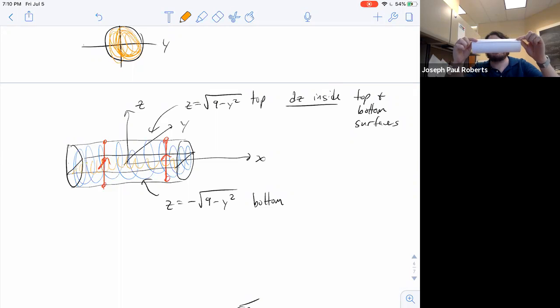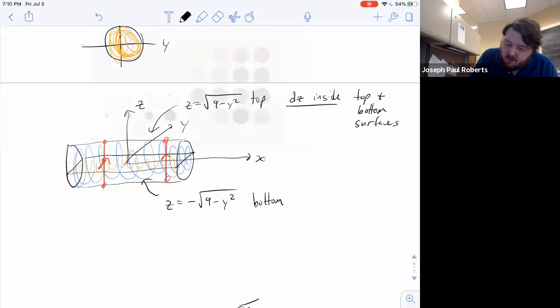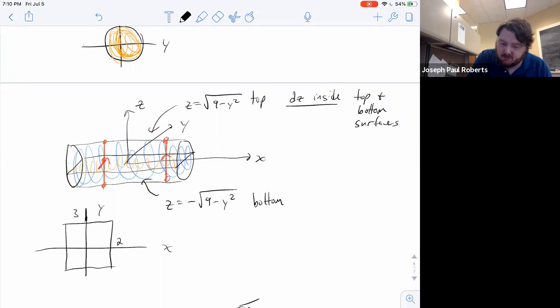You can't tell the difference between this and a rectangle from this perspective. So our shadow in the XY plane is a rectangle that goes up to y equals 3, goes up to x equals 2, and then is symmetric over both axes.